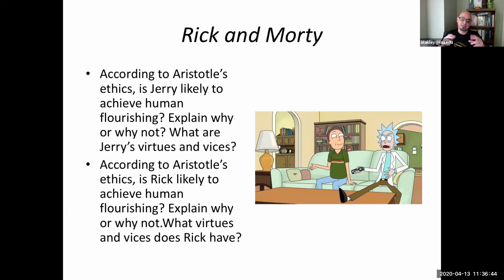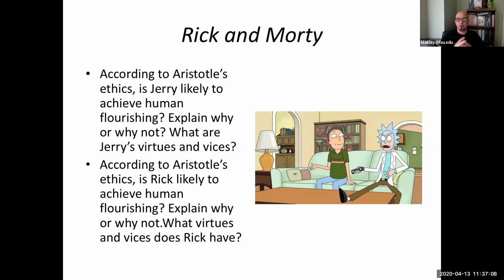It's certainly the case that Rick possesses some intellectual virtues, for sure, because he knows all the scientific information. He's able to manipulate the material world using technology and scientific principles, right? So he has these intellectual virtues, or at least some of them. But he seems to lack moral virtues, right? And so which in particular of those does he lack?